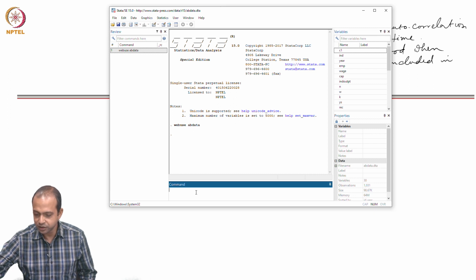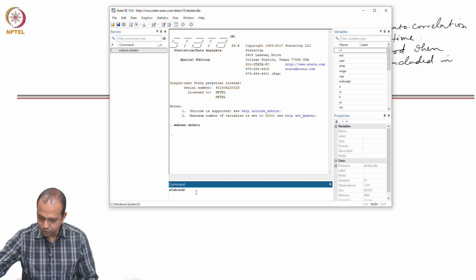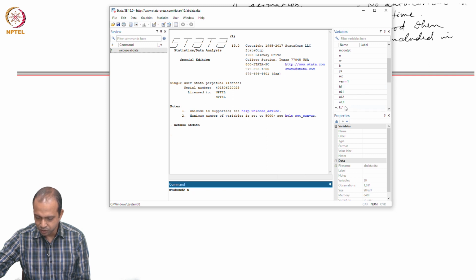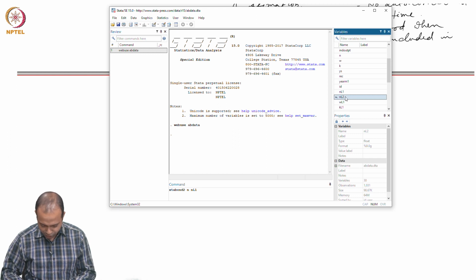So, nL1 is here, and then I can put nL2, then I will take wage, and then wage of lag 1, capital of lag 1, and capital of lag 2. This is how you can use, and then we can take ysL1, ysL2, and then we need to put the year dummies as I mentioned earlier.